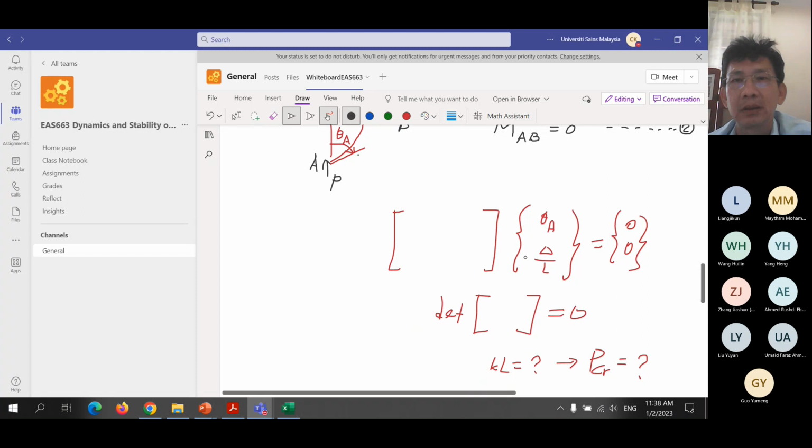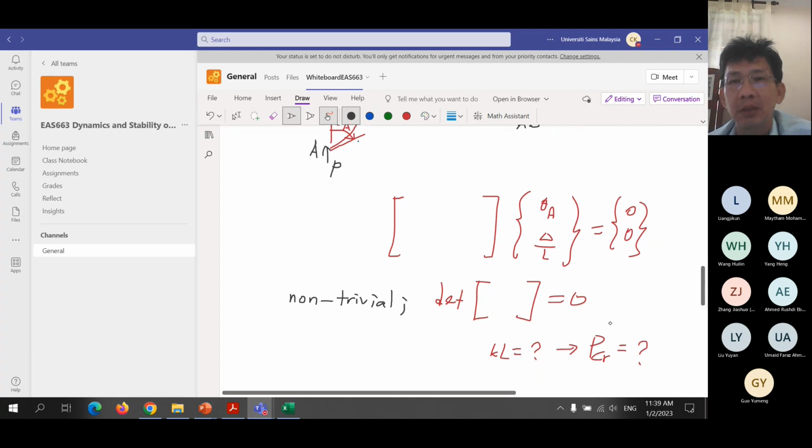And finally, in order to get non-trivial solutions, which is to find the value of KL such that this is non-zero, the determinant of this matrix here must be 0.